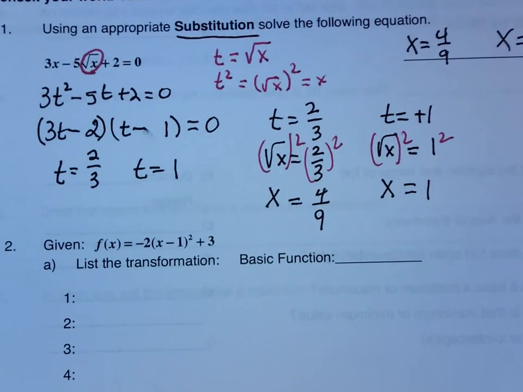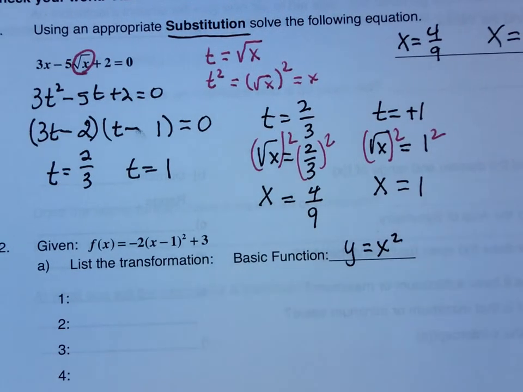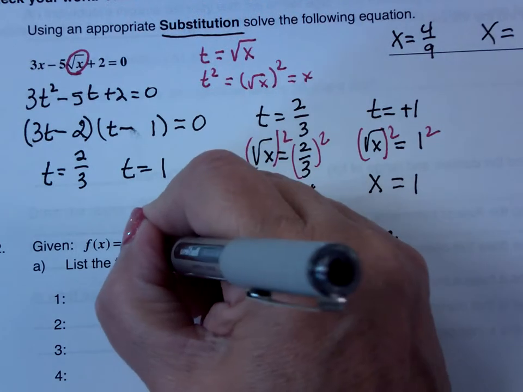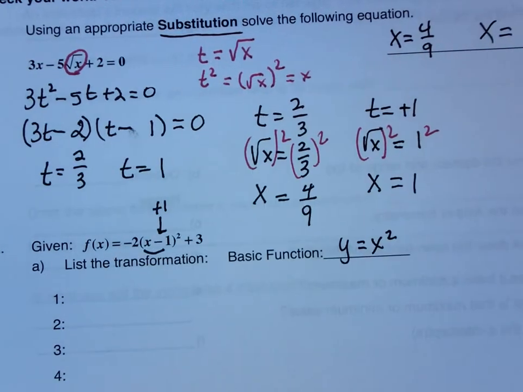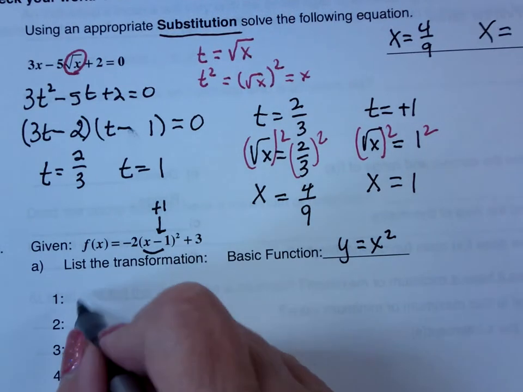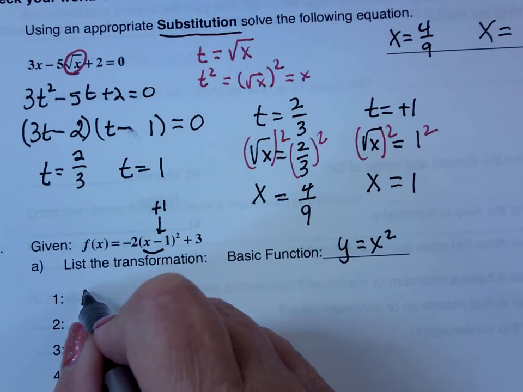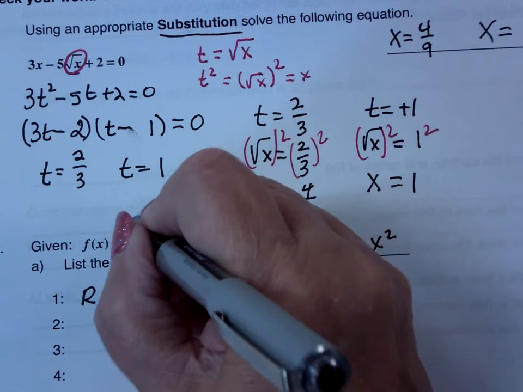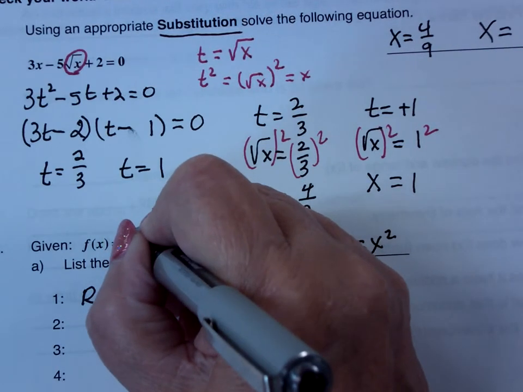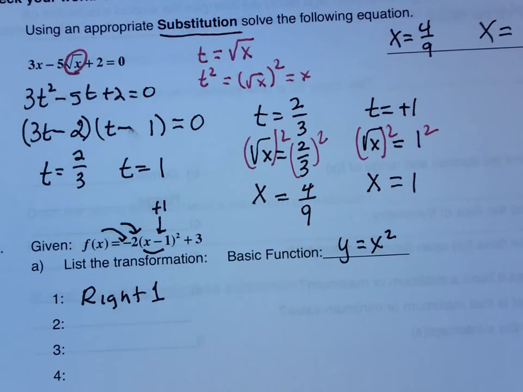List the transformation. Of course, the basic function is y equals x squared. I go to the inside. This guy is a plus 1 because it's x minus 1. And plus 1 means what? Right 1. I'm done with the inside. I come to the outside. I've got a minus 2. That means I have 2 transformations.